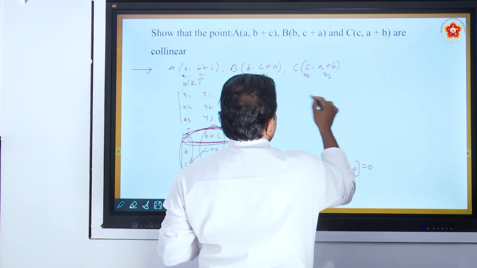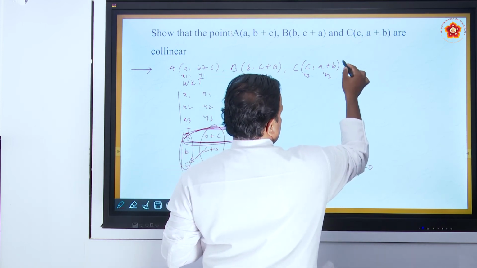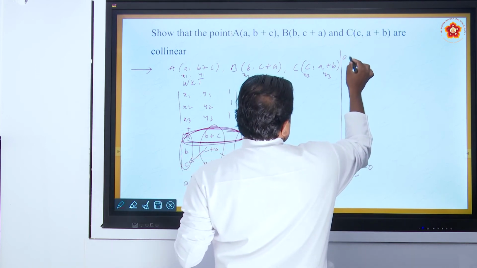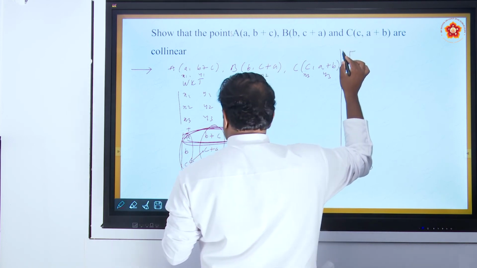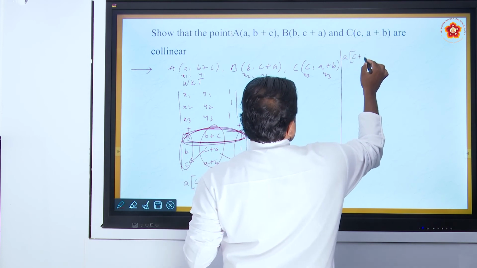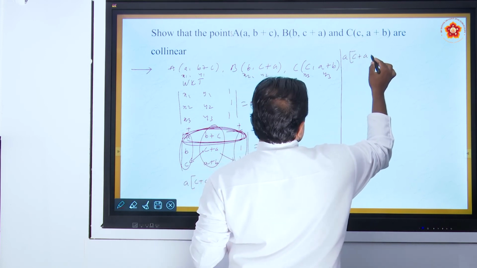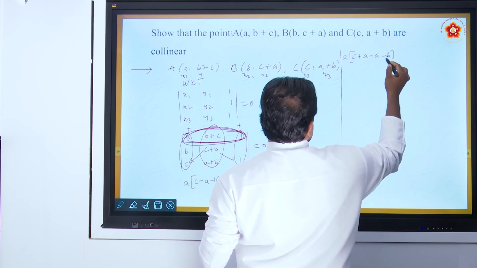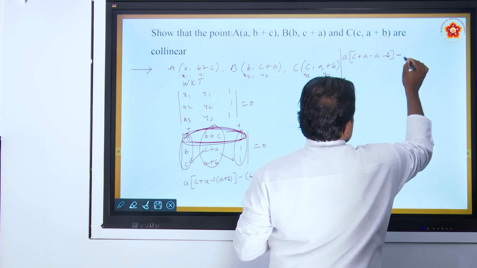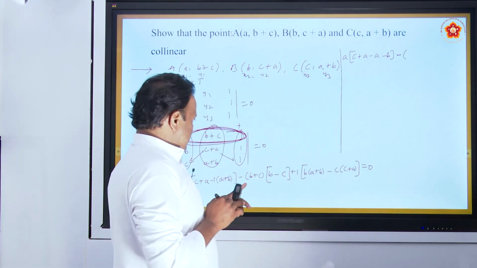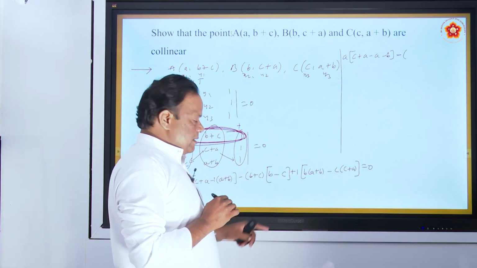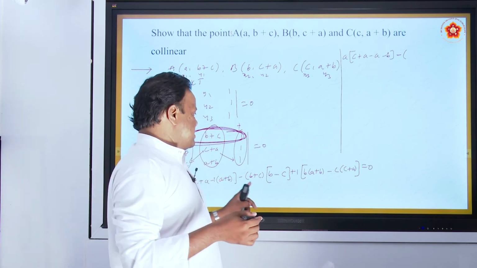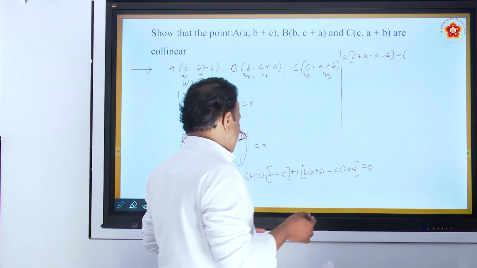So here, first simplify the square bracket: A as it is, C plus A minus 1 into A, minus A, minus 1 into B, minus B. Again here is minus, B plus C, B minus C. We know the identity A plus B into A minus B is A square minus B square. So B plus C into B minus C is nothing but B square minus C square.